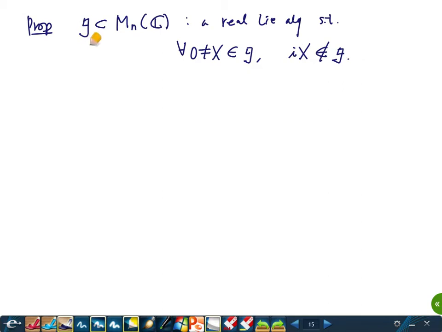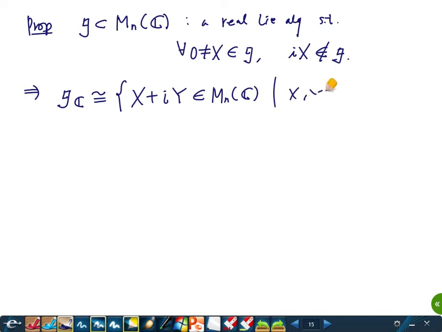Suppose that g is a real Lie algebra with this additional condition. Then in this case, the complexification is simple. It's just the set of all matrices of this form, x plus i y. Let me make it clear. This is the usual sum, so it's going to be the set of matrices such that x, y in g.